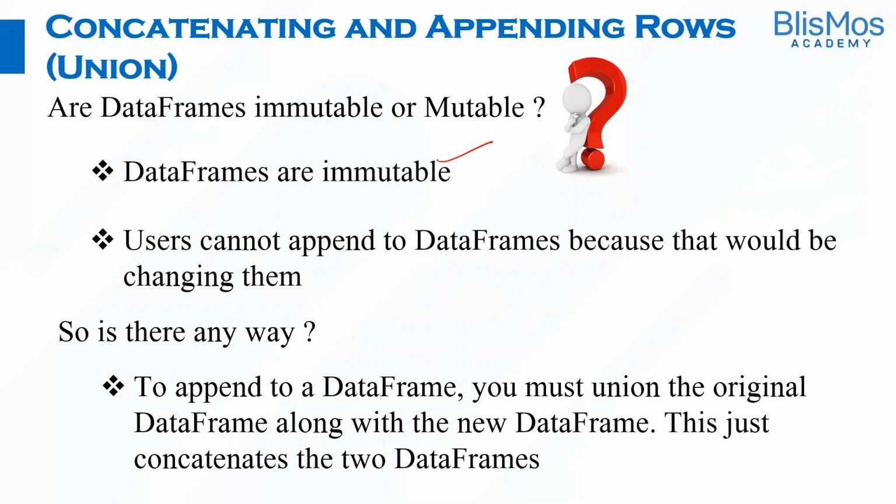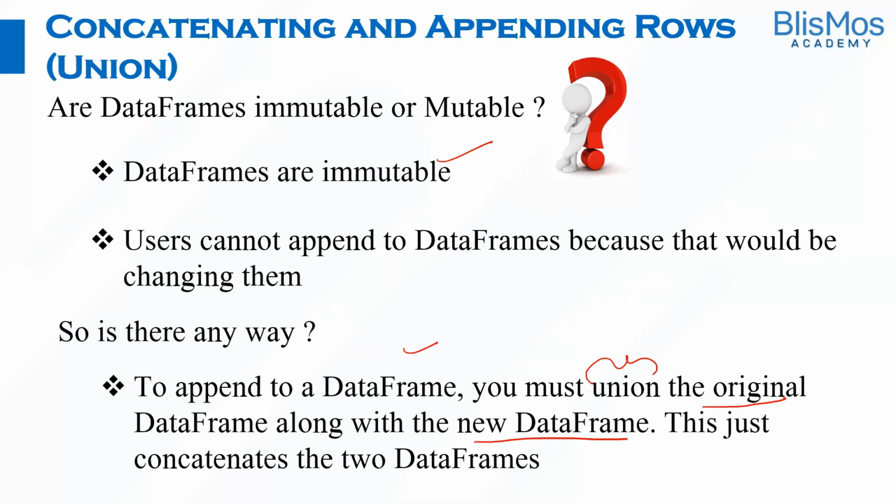But is there any way? Yes, there is a workaround, even though it is not used very often. If you want to append to a data frame, you can use a union. You can union the original data frame with the new data frame.